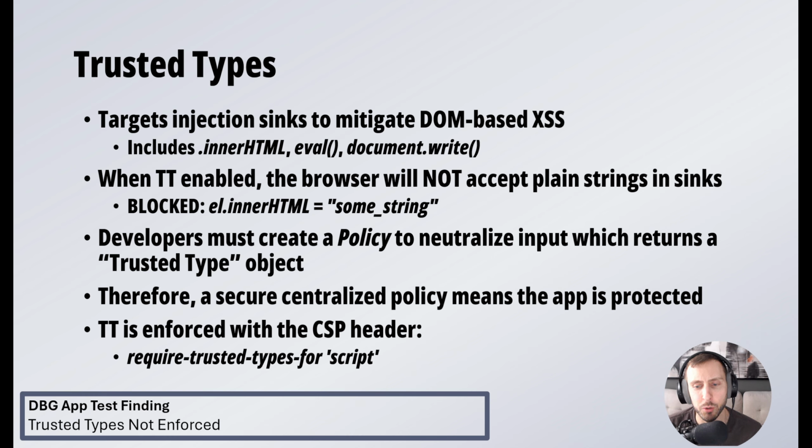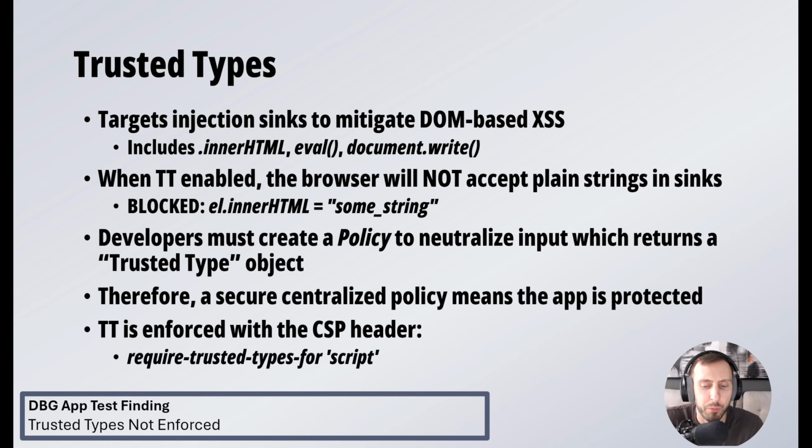So the way that you enable these DOM interactions for your application to work is that you have to create a policy, a trusted types policy, in order to effectively neutralize the input, and your policy returns a trusted type object, and that object then can be used to be passed to these sinks to construct the DOM.